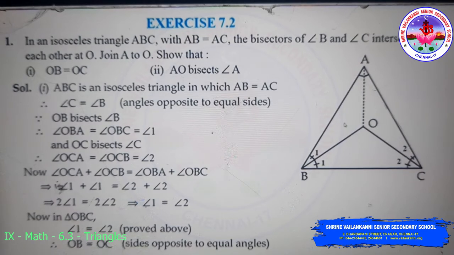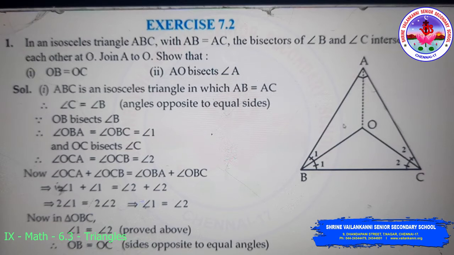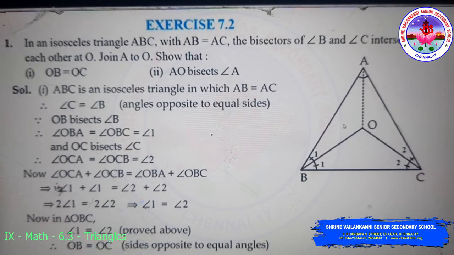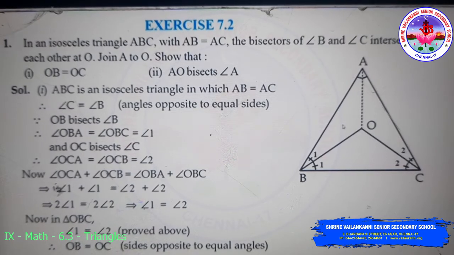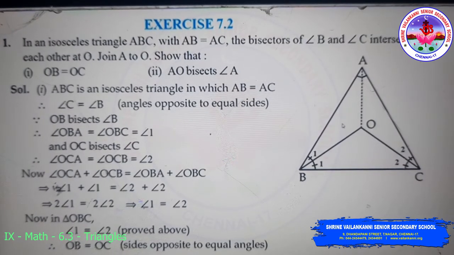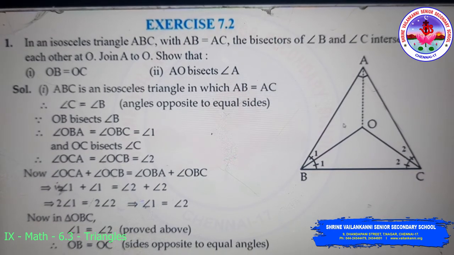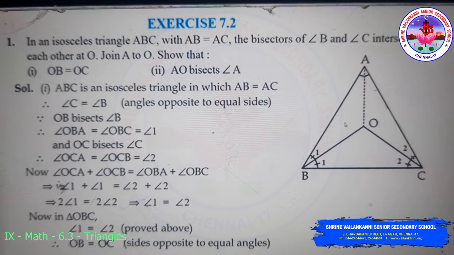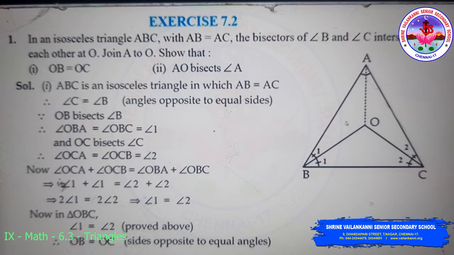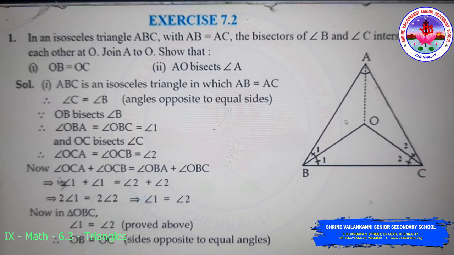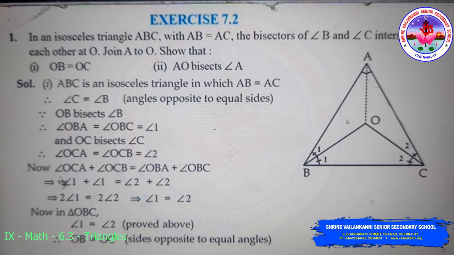To identify this, I name each bisected part of angle B as 1 and 1, and each bisected part of angle C as 2 and 2. So angle 1 plus angle 1 is equal to angle 2 plus angle 2. We get 2 times angle 1 is equal to 2 times angle 2. Cancelling 2 on both sides, angle 1 is equal to angle 2.